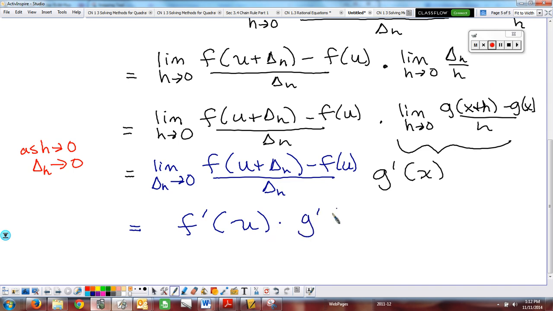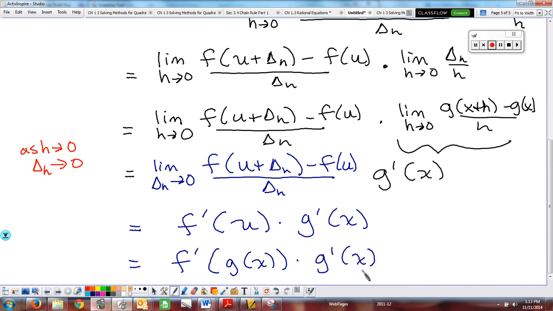And then times our g prime of x. And if we go back to our original variable, g of x is u, so f prime of g of x times g prime of x. So the idea here is that we're basically going to do the derivative of the outside function, bringing along your inside function, times the derivative of your inside function.